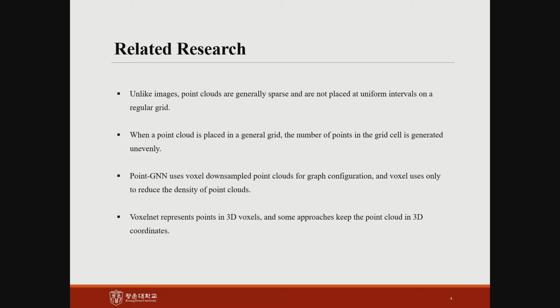PointGNN uses voxel downsampled point clouds for graph configuration, and voxels are used only to reduce the density of point clouds. VoxelNet represents points in 3D voxels, and some approaches keep the point clouds in 3D coordinates.